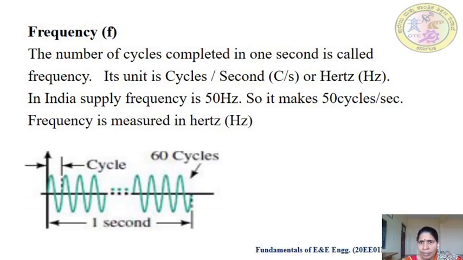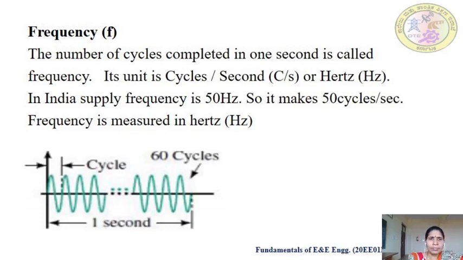That means it makes 50 cycles per second. In the figure we can make out there are a number of cycles in 1 second. In this figure we are seeing 60 cycles, but in India we generate electricity at 50 hertz, that is 50 cycles per second.